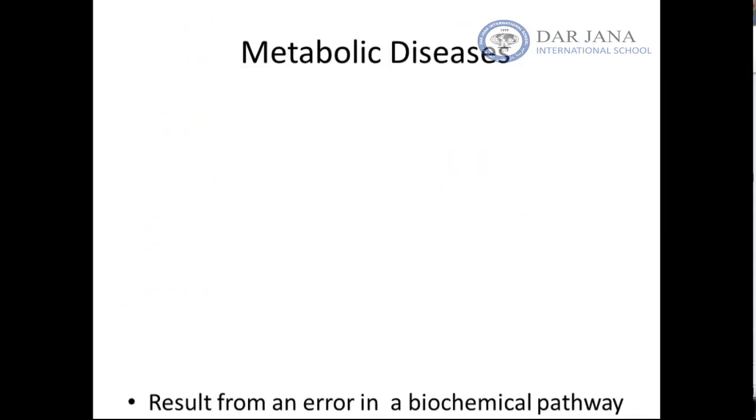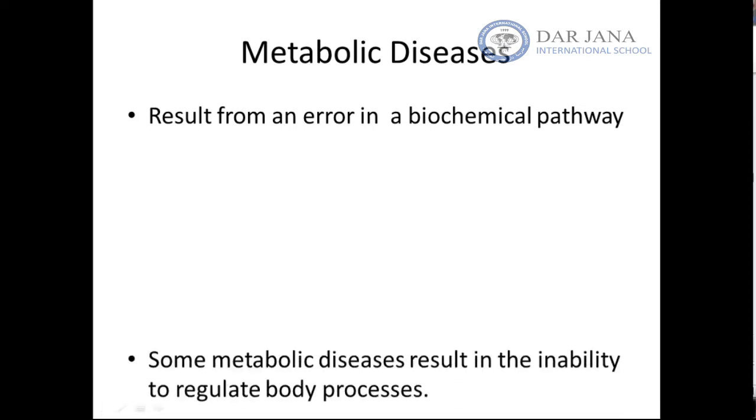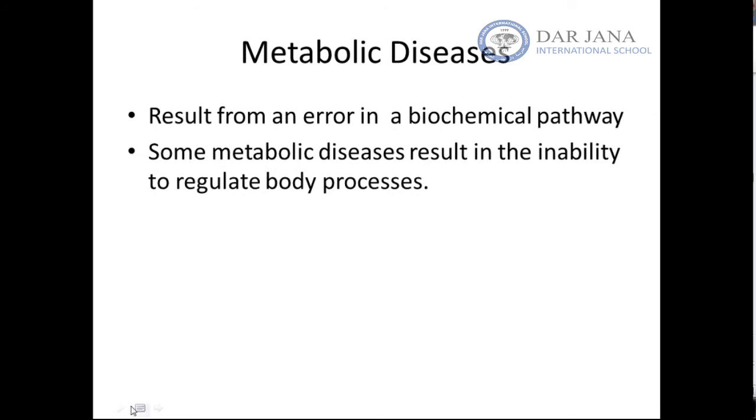Now let's talk about metabolic diseases. These diseases result from an error in a biochemical pathway, so that some metabolic diseases result in the inability to regulate body processes, like regulating the level of glucose in blood, as an example.